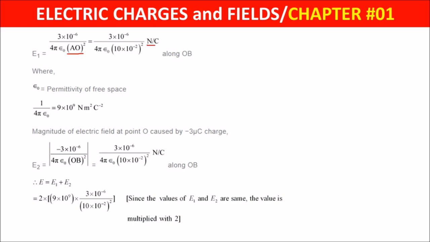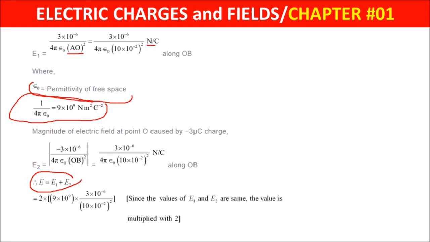So it will be along the OB direction, where epsilon naught is the permittivity, putting the values of 1 upon 4 pi epsilon naught as 9 into 10 to the power 9. Similarly, the magnitude of E2 will be given by 3 into 10 to the power minus 6 upon 4 pi epsilon naught microcoulombs. So total electric field will be E1 plus E2.